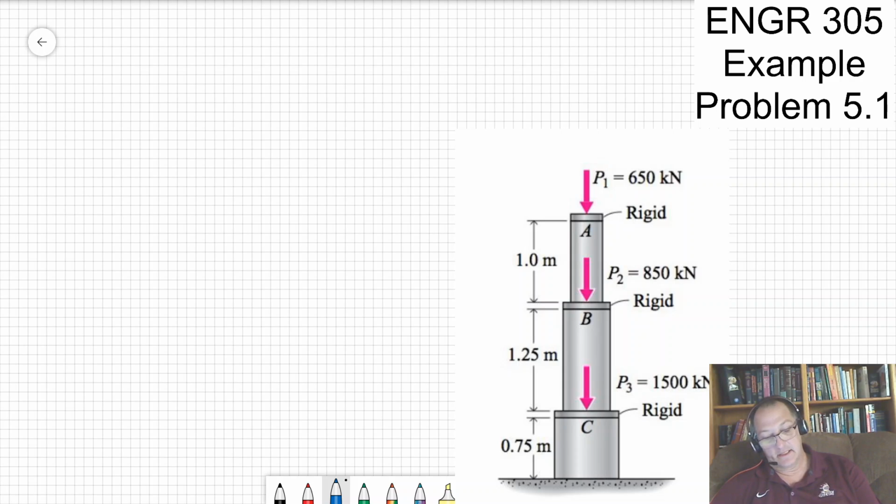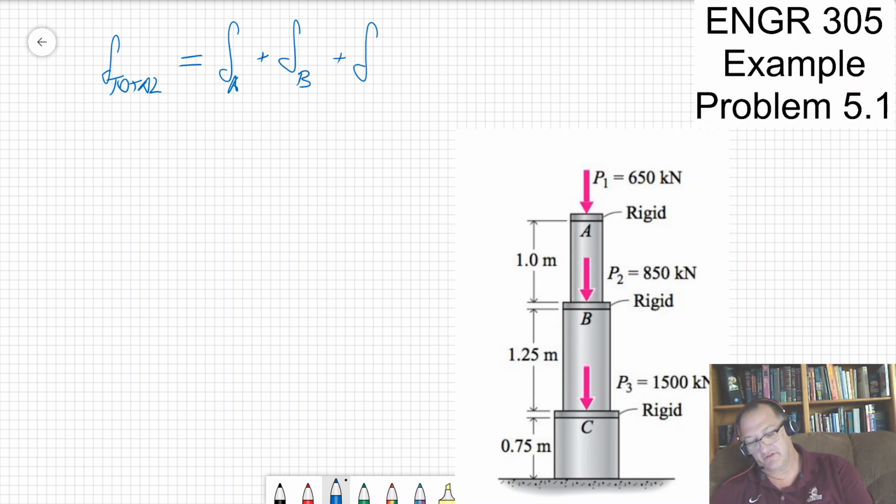And that is the total deflection is equal to the deflection of the aluminum plus the deflection of the brass plus the deflection of the steel.